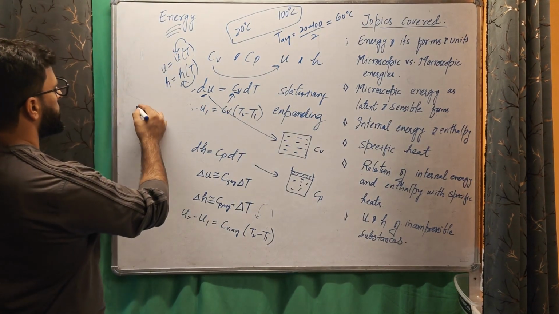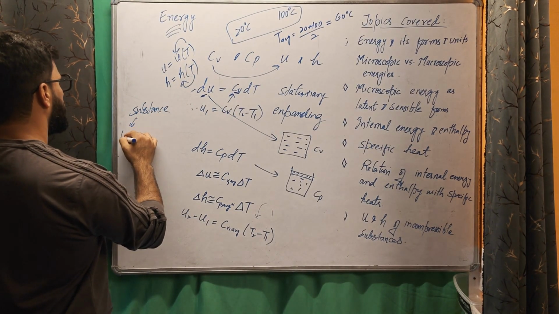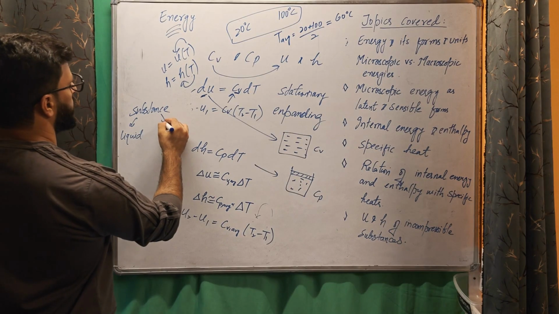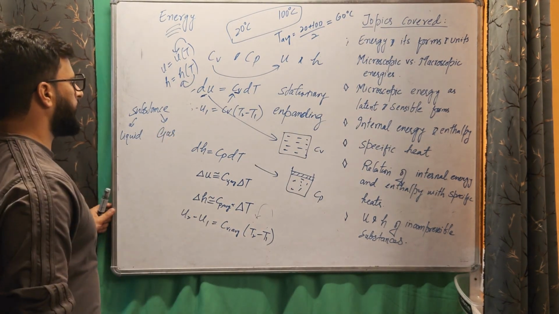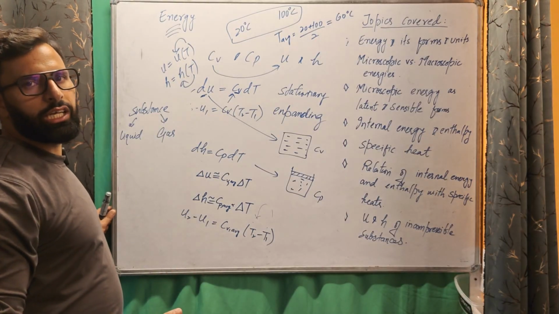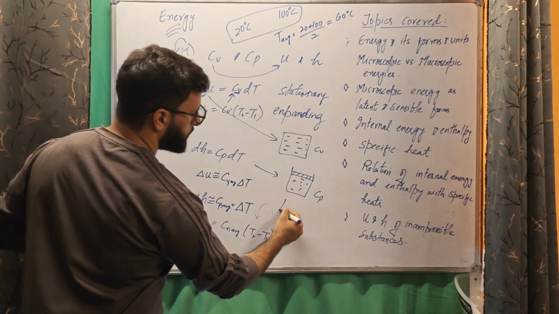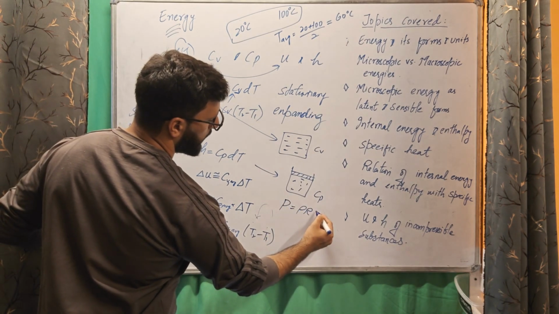Now, the substances we study in fluid mechanics will be either liquid or gas. For gas we use ideal gas equations, because mostly we will be dealing with ideal gases, P equals rho RT, the ideal gas equation of state.